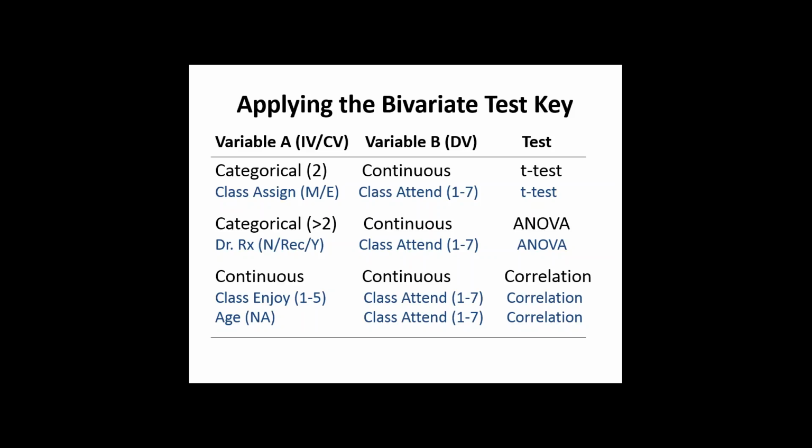You can see the dependent variables are all in the B column. You use an independent samples t-test, in the last column. If it's categorical with more than 2 categories on the next line, such as doctor prescription being related to variable B, continuous, like class attendance, it's a one-way ANOVA. Then if they're both continuous, such as class enjoyment and age being related to class attendance, you would use a correlation.